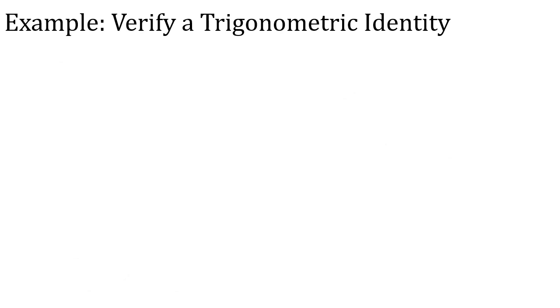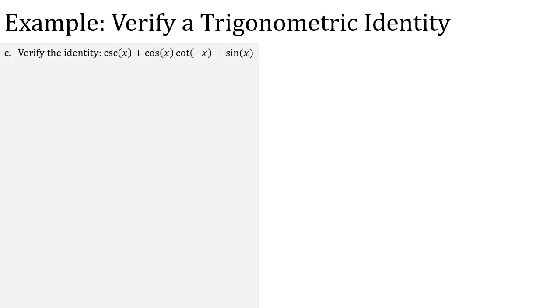Let's try another example. Verify the identity: cosecant of x plus the cosine of x times the cotangent of negative x. Does that equal the sine of x? I'm going to begin working on the left-hand side because that certainly seems to be the more complicated side.